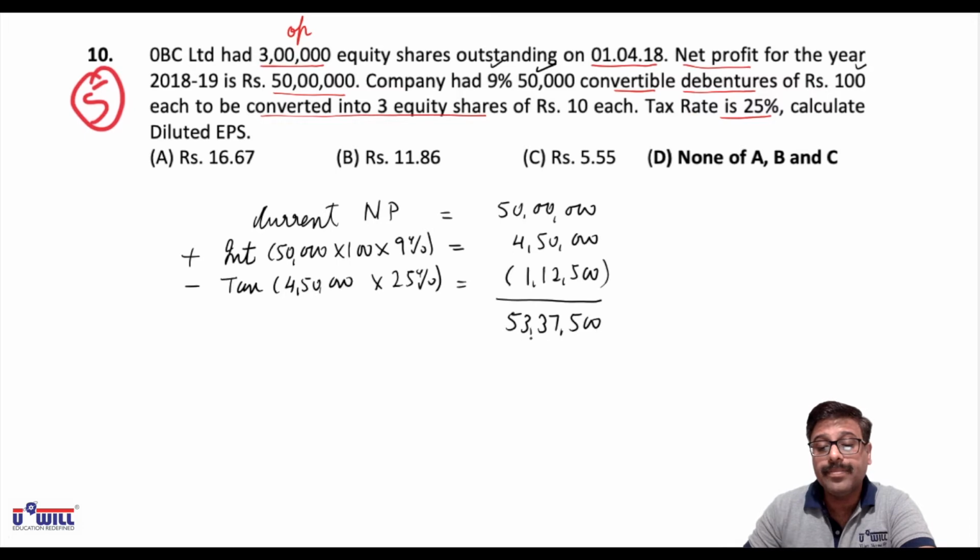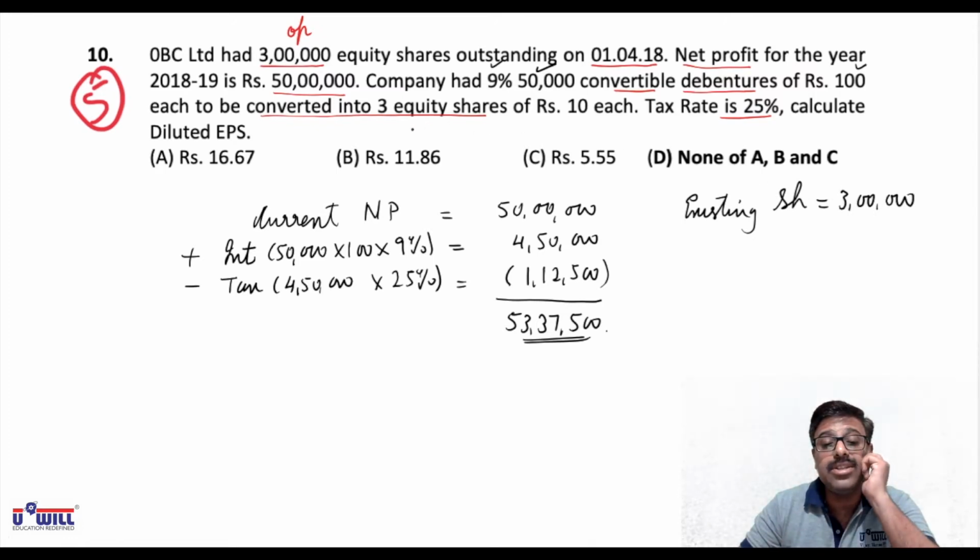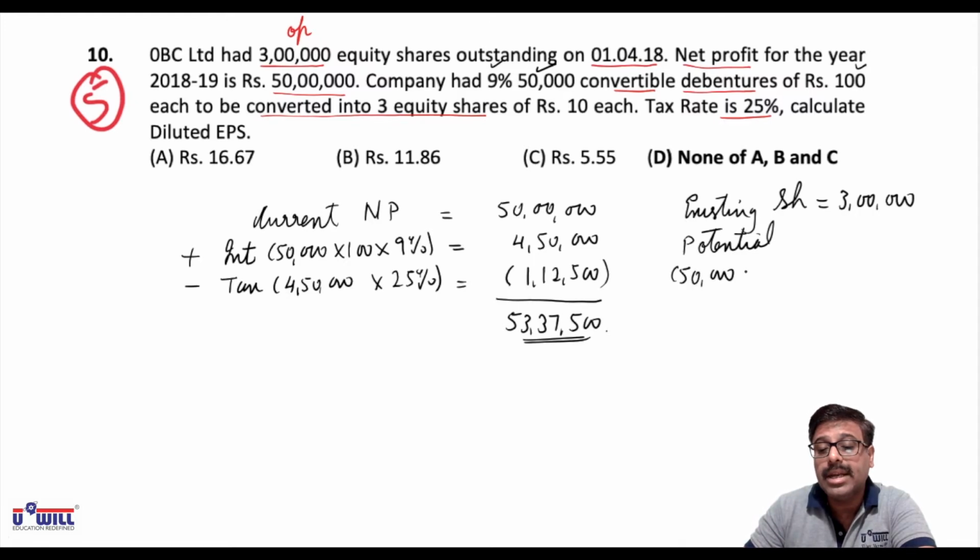53,37,500. And same way adjusted weights: existing equity shares are 3 lakhs plus 50,000 debentures will get converted into 3 each, means 1,50,000 potential equity shares.